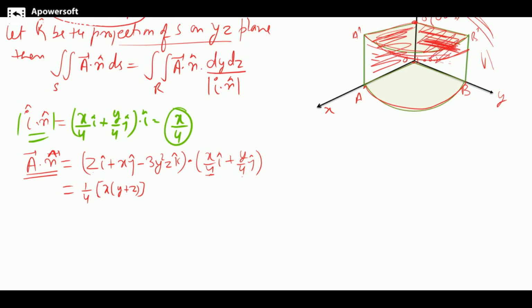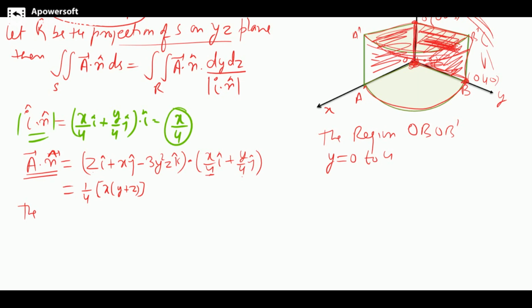The region is O B B dash O, enclosed when y is 0 to 4. At y equal to 0 we get the point 0 4 0, and at point B dash it varies from 0 to 5.